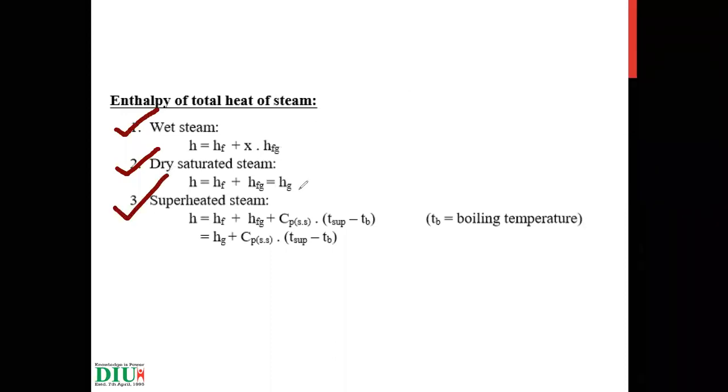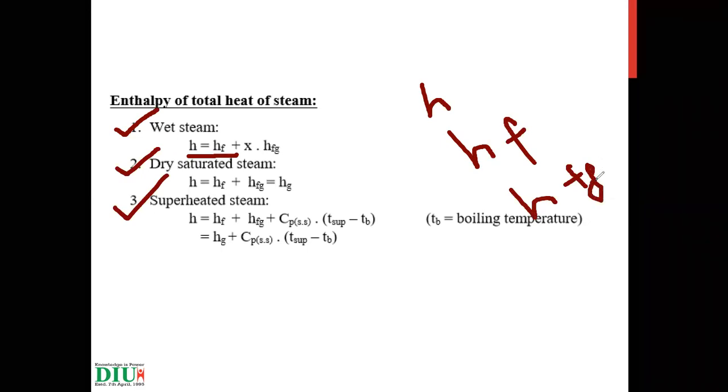We also discussed the total heat of a system equation, or the enthalpy equation: H is the enthalpy, HF is the sensible heat, and HFG is the latent heat. We also discussed one more term, X, the dryness fraction, which is totally related with the wet steam.